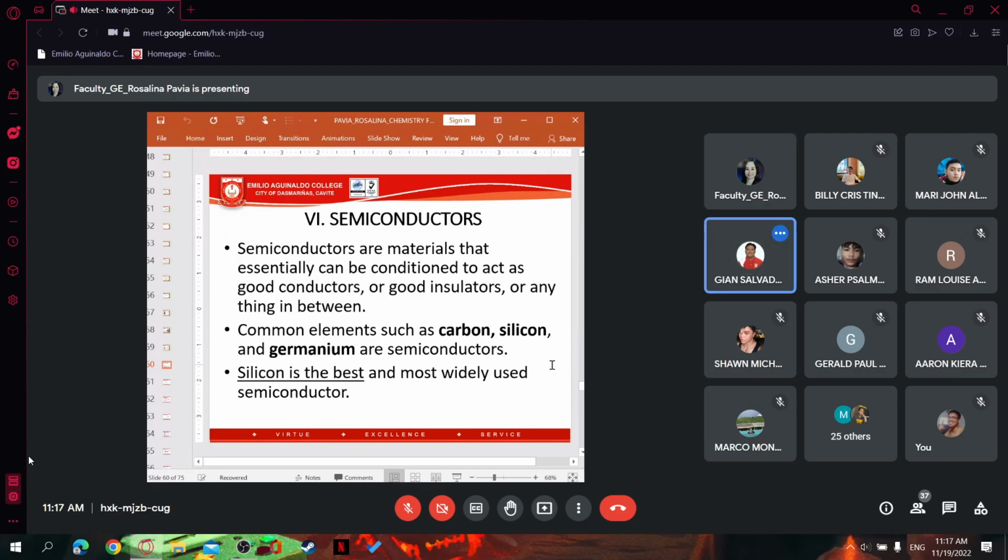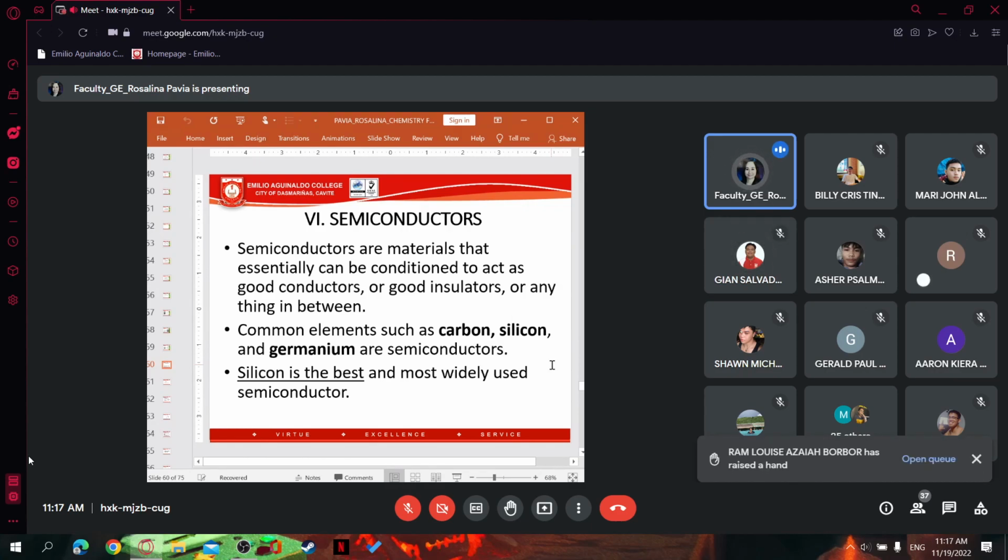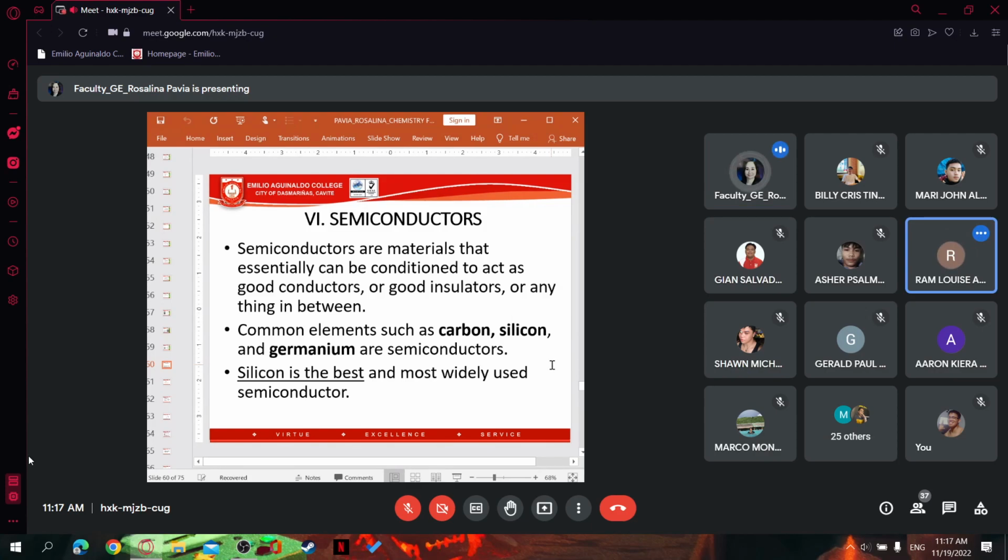Non-metal, ma'am. Non-metal? Be specific, Mr. Salvador. Yes, Mr. Marquez. Mr. Borbor. Group 14, ma'am. Yeah, but group 14 nga or group 4? Ano sila?